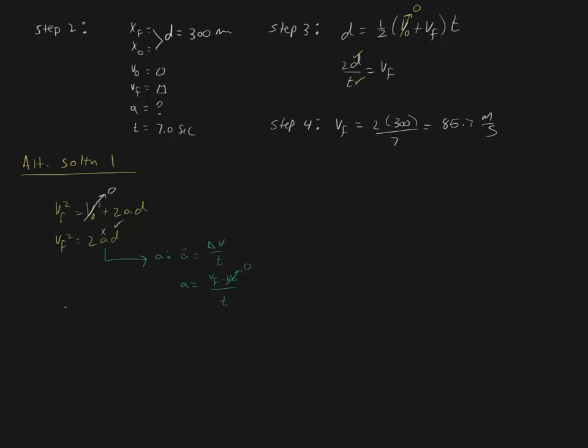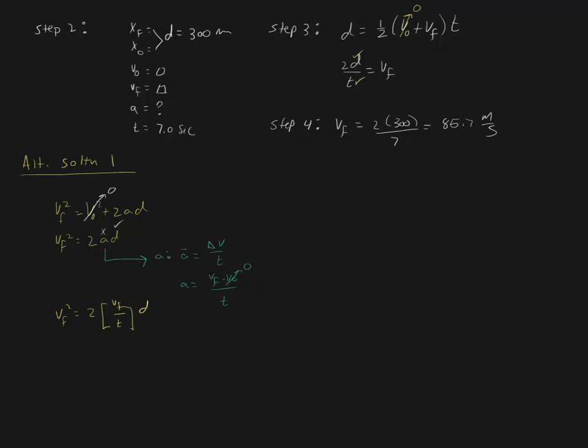So we'll rewrite with the new substitution. V final squared is equal to 2 times the quantity v final over t times d.